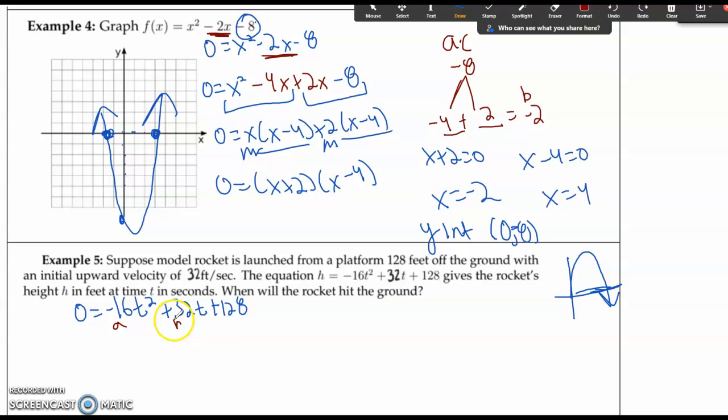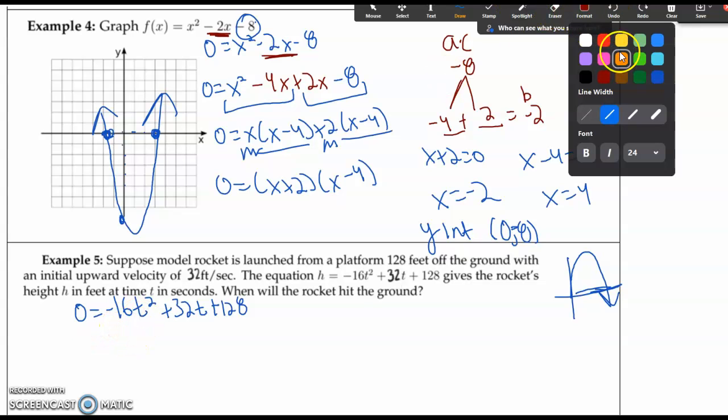So here's my A, B, and C. A times C. Or actually, let's take a step backwards. I can factor out a 16.